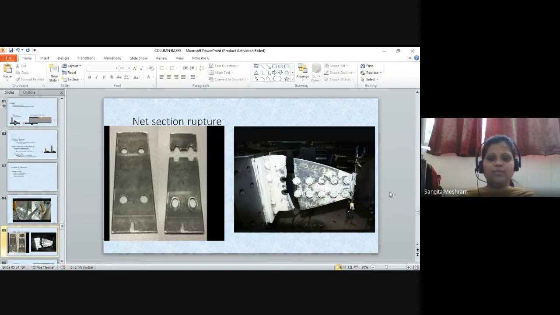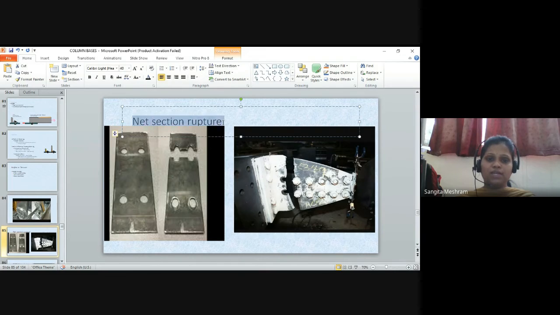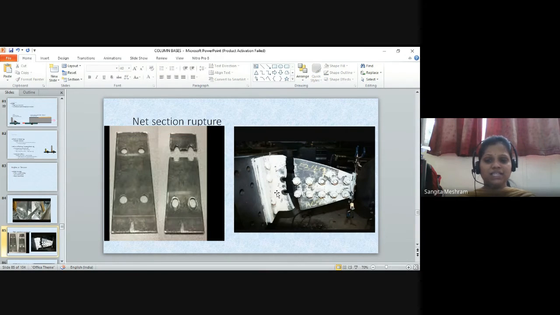Now the second type of failure is net section rupture. That means the bolt line. Just see the figure. There are a number of rows, and a number of bolts are provided. Just see the first line of bolts. It has more stress, so due to that more stress condition, the bolt line will get crushed. It will have breakage in that line. This type of failure is called net section rupture.